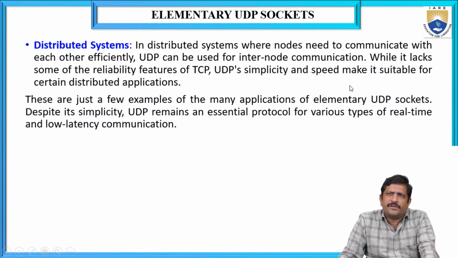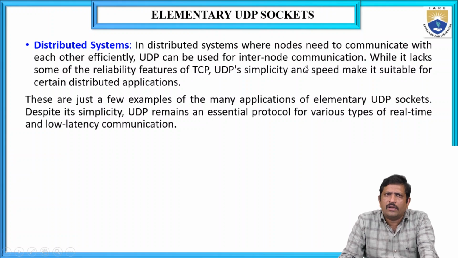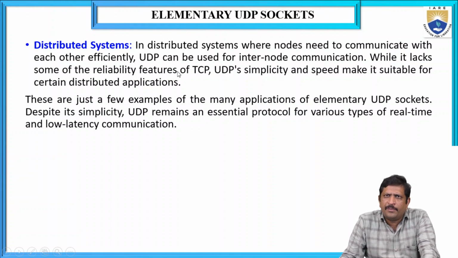Distributed systems. Distributed systems are generally those where nodes are computers which need to communicate with each other. With UDP in a distributed system, the data is distributed among the devices. Elementary UDP sockets can be used for inter-node communication.